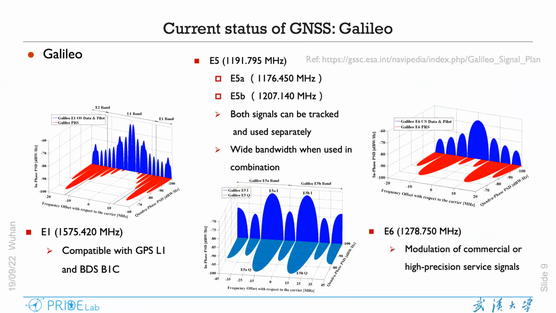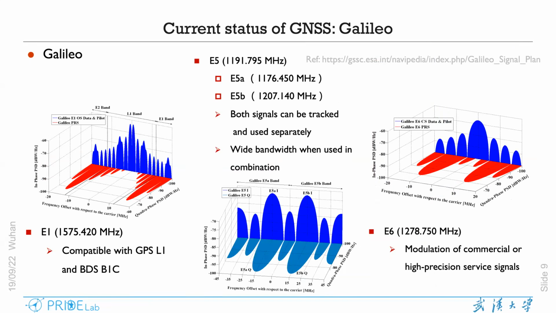The current status of the Galileo multiple frequencies is that we have E1, E5, and E6 signals. The E5 signals can be divided into E5a and E5b, and these two kinds of signals can be used separately or tracked in combination.